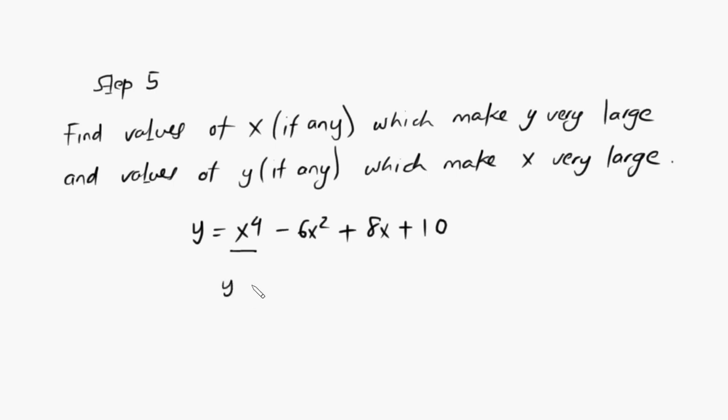So I mean y is large when x is large, okay? So you just need to use your brain there. So what does this mean? Na sio hivyo tu, also when x is negative, okay? Unajua negative number power 4 inaleta positive number.